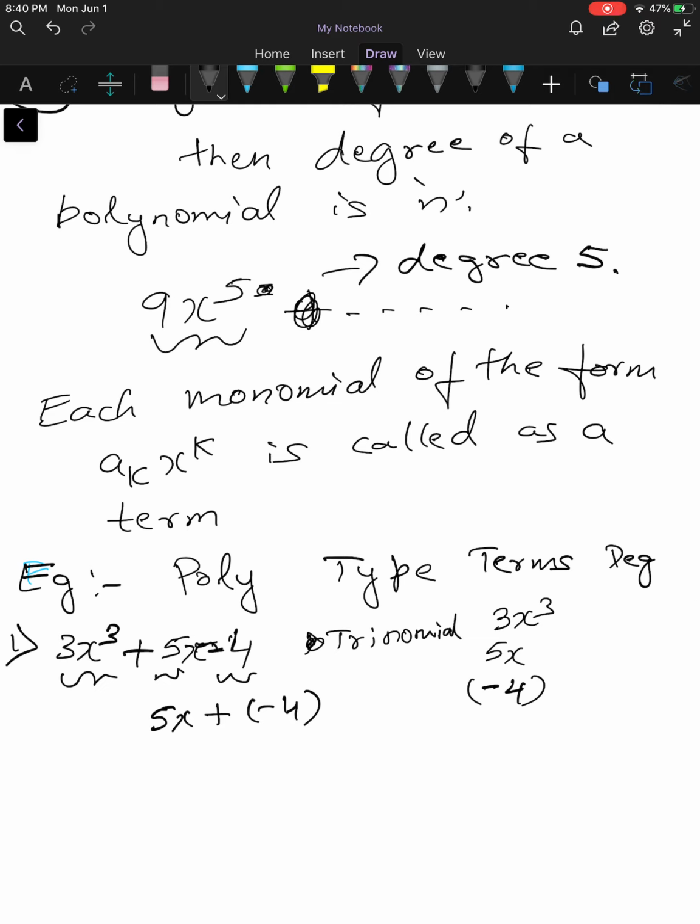For example, consider two expressions: 3x square plus x plus 1, which will be subtracted with 2x square minus 3x minus 5.